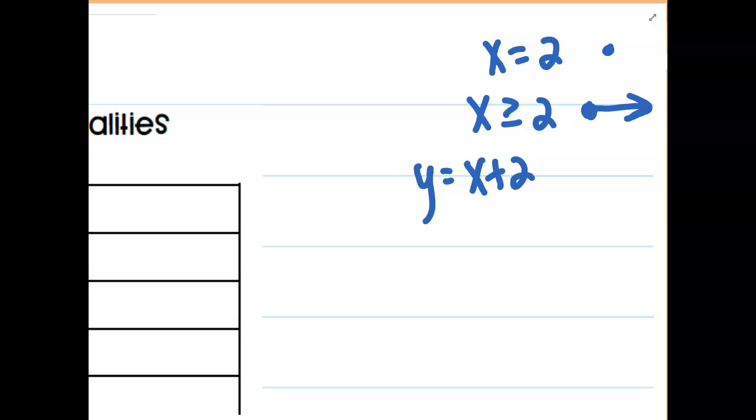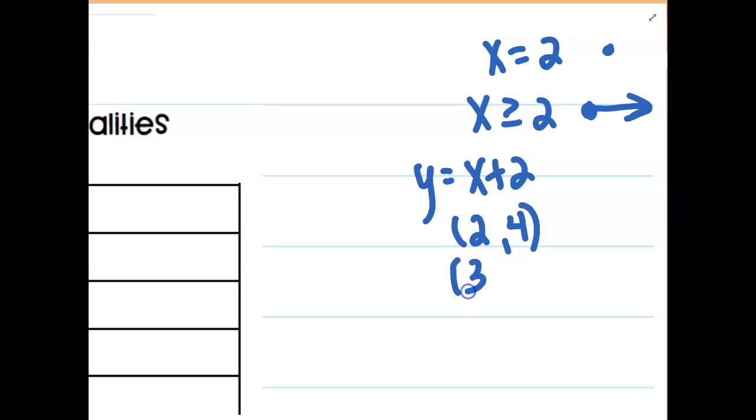It has an infinite number of answers, because we could say maybe x is 2. But if x is 2, y is going to be 2 plus 2, so y is going to be 4. So one answer for this equation is (2, 4), but that's not the only answer.